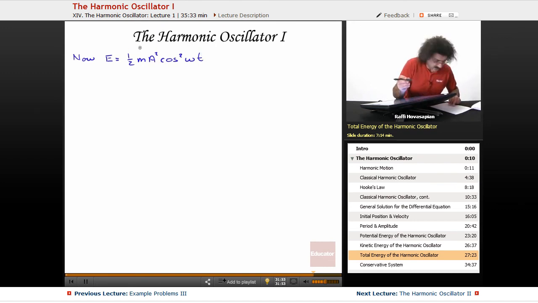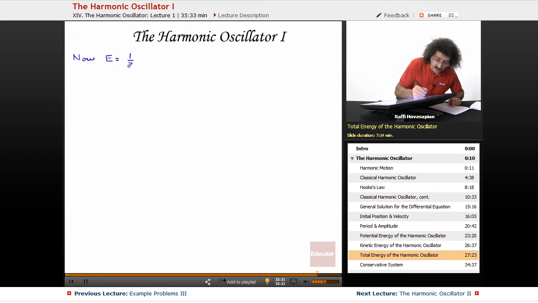Actually, let me just write it the way that I have it written here. Yeah, it's probably better. Let's see, okay, wait a minute. Now let's make sure I have this right. I want to maintain the order that I've actually used in here. Potential is going to be the K. Squared, yes, that's right.